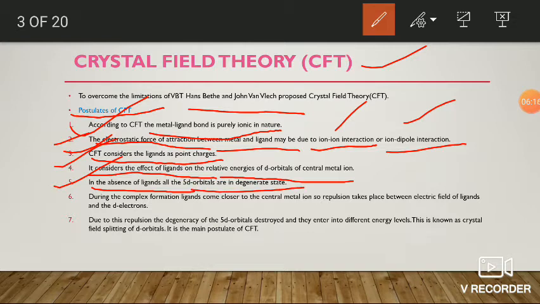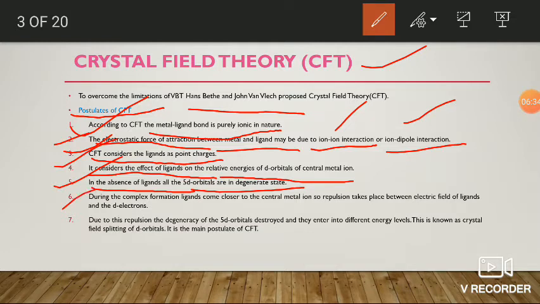That is, if there are no ligands approaching this central metal ion, then all the 5 d orbitals of the central metal ion are in degenerate state. That is, they have the same amount of energy, they are equal in energy.